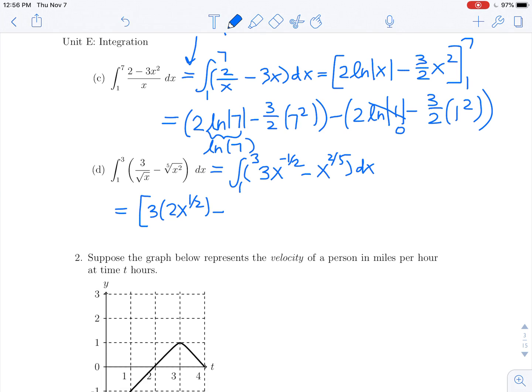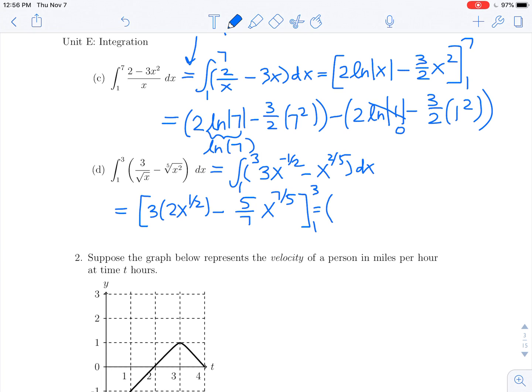All right, so 3 times 2x to the 1/2, and then I need to antidifferentiate, because I didn't do it yet, x to the 7/5 and 5/7. Okay, let me double check that I got that. Take the derivative, and does it work? Yeah, it does. Okay, evaluated at 3 and at 1.